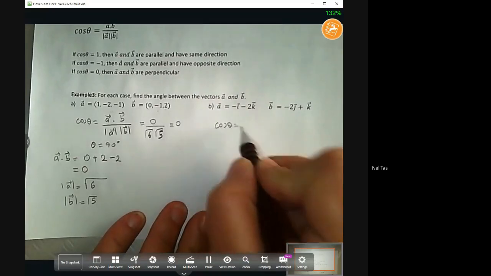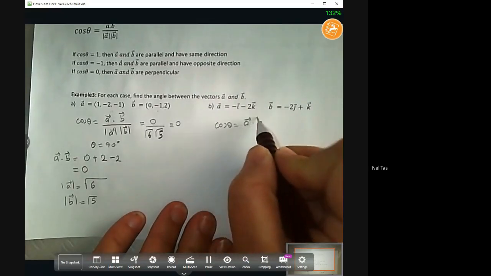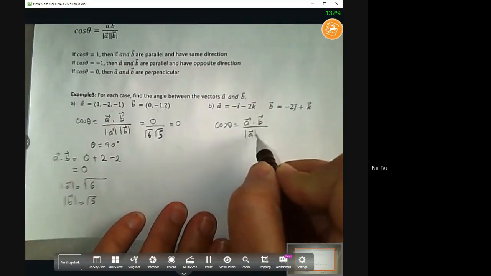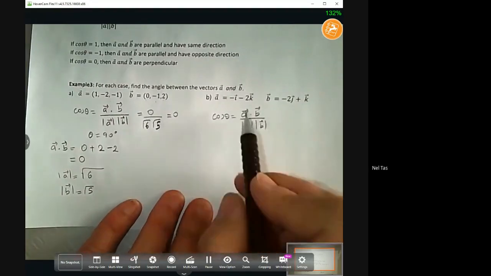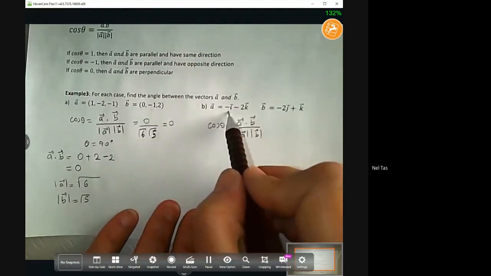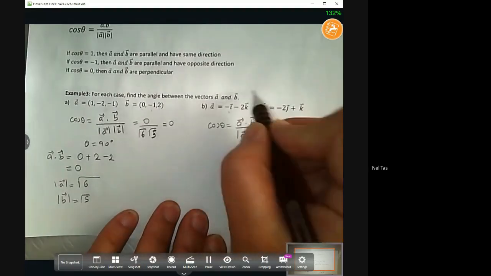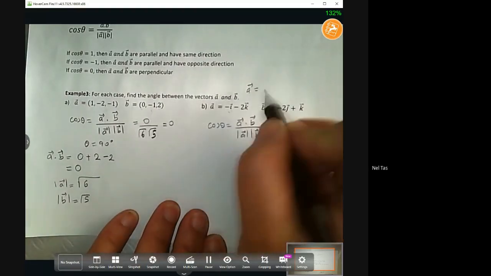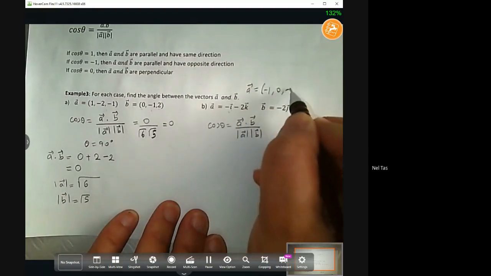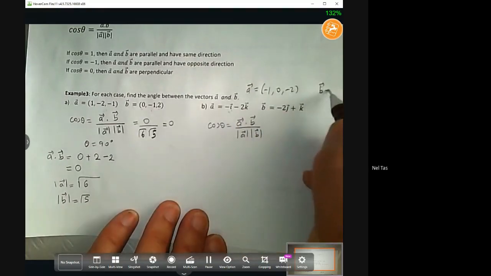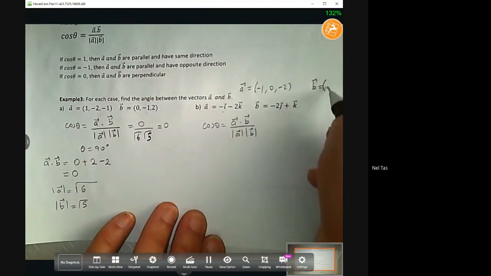Cos theta equals A dot B over magnitude of A, magnitude of B. Let's convert those i, j, k and write them with the coordinates. So A is -1, 0, -2, and B, i is not there, so 0, -2, and 1.